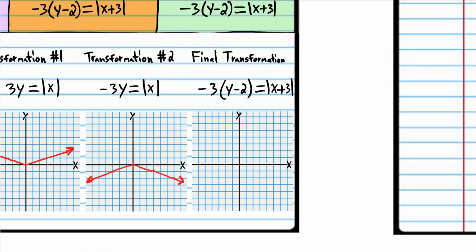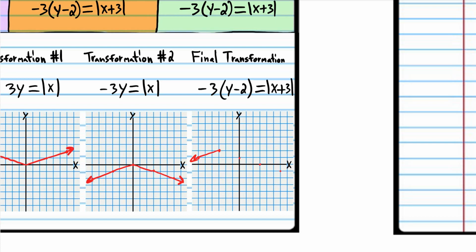And that takes the previous graph and moves it 2 units up and 3 units to the left. And again, we can use the same rise and run to find all these points. So down 1 over 3, down 1 over 3, down 1 over 3.